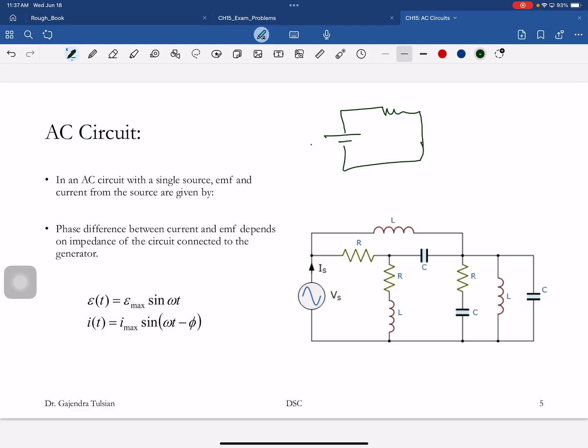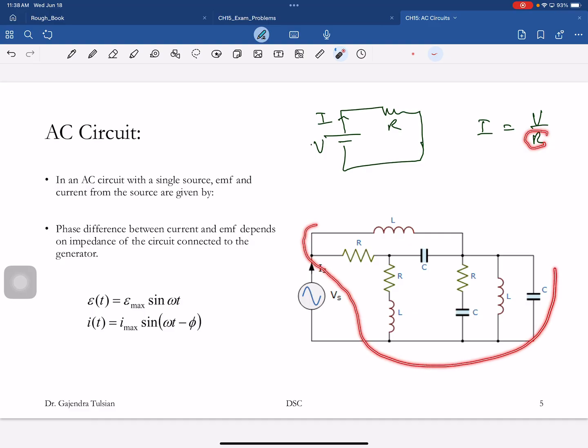So here's the voltage, here's the current. What is the current in the circuit? Voltage divided by resistance. So just like that, the amplitude of the current will be the amplitude of the voltage divided by the resistance of the circuit.